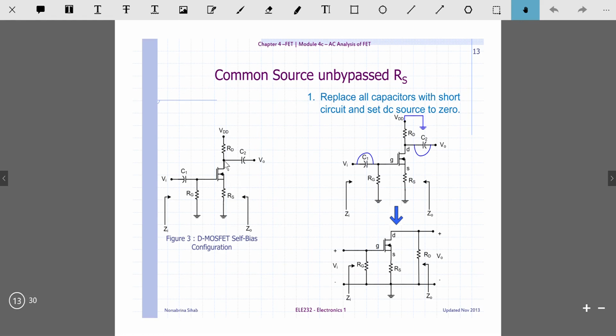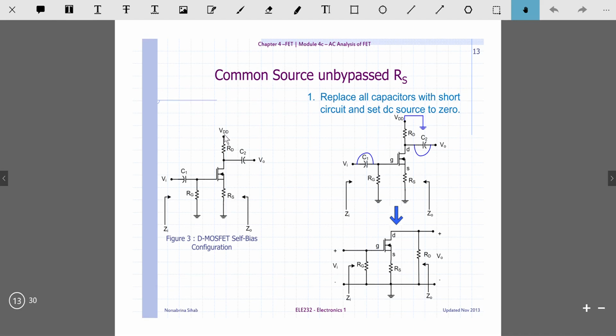Here you can see it uses the MOSFET configuration, but actually the AC analysis for FET will be the same for other types of configuration, JFET for example. So the first thing you need to do is to replace all the capacitors with short circuits and set the DC source to 0.